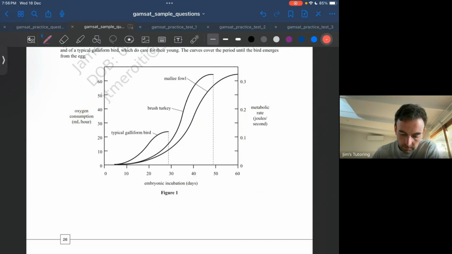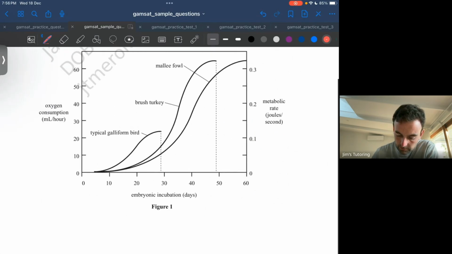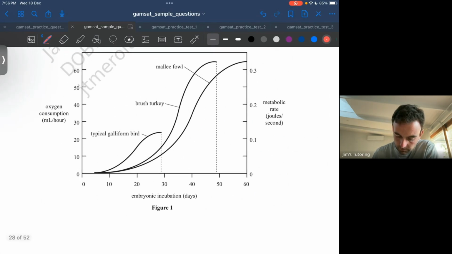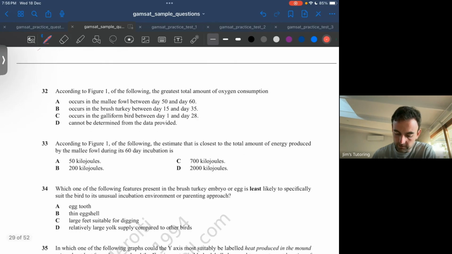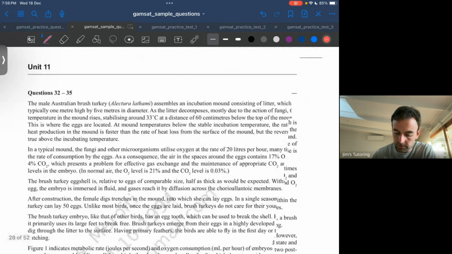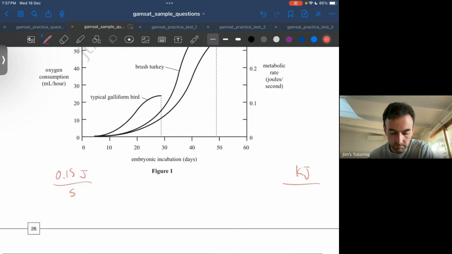So let's just go with this one. So we've got 0.15 joules per second. And now you can see why this is a unit conversion question, because we need units in kilojoules. I'm going to leave the denominator for a second, but let's just work through it.